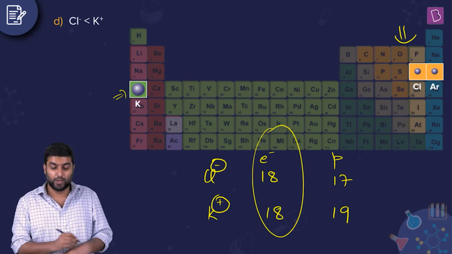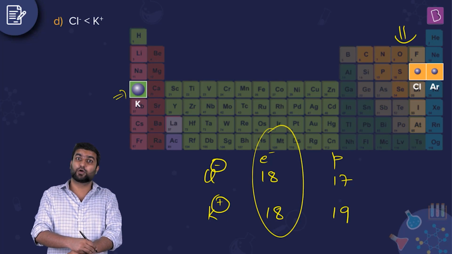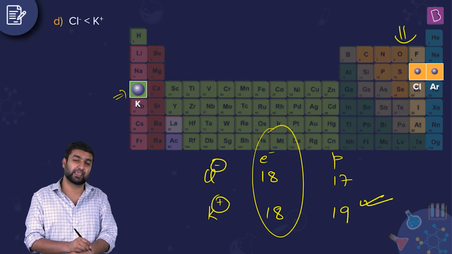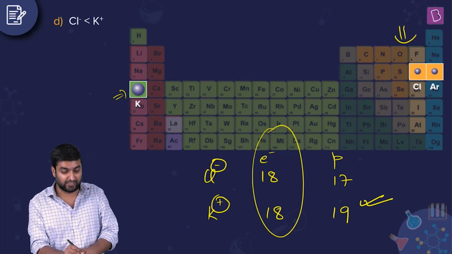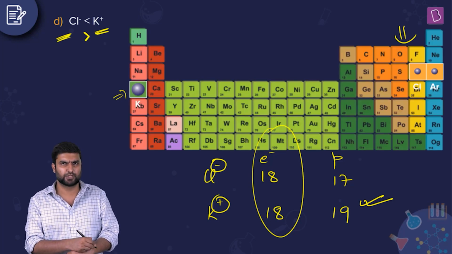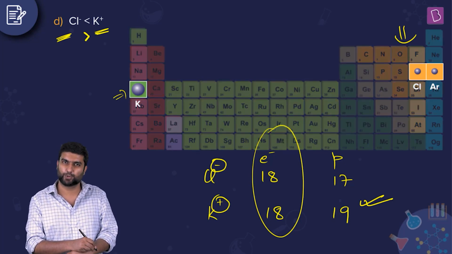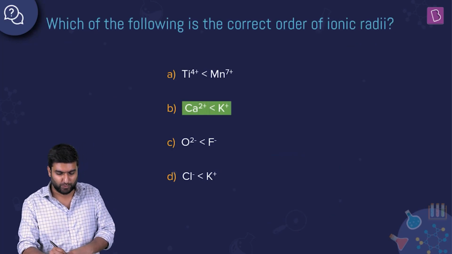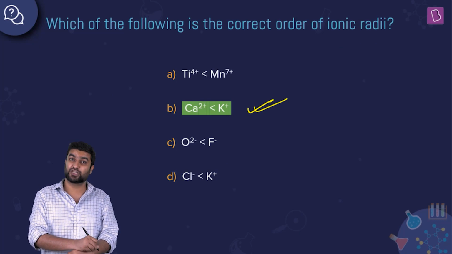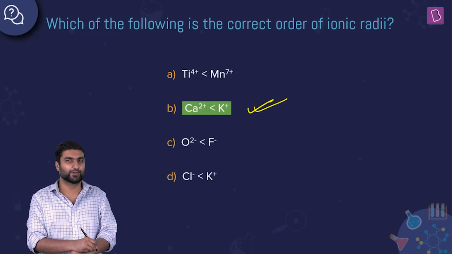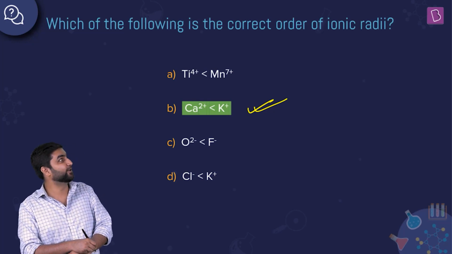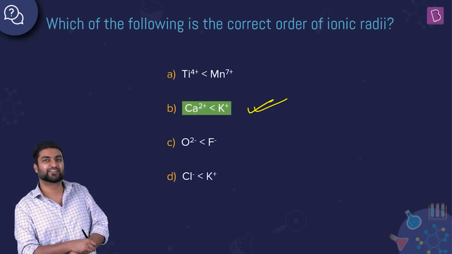So again, we have the electronic configuration of argon, and the one with the higher number of protons gets a smaller size. So actually K+ should be smaller in size as compared to Cl-, and that is why this option is also incorrect. And with that, we have achieved what this question asked of us, and we know that what we solved, option B, is indeed the correct response to this particular question.